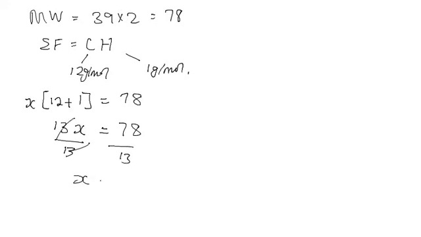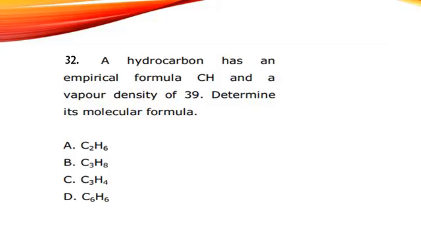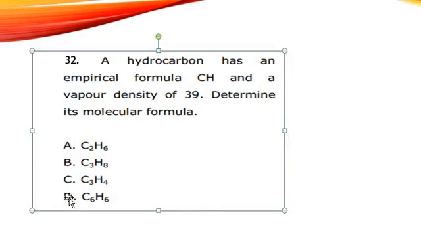So you have x is equal to, you divide 78 by 13, and that will give you 6. So you multiply 6 by C and H. This implies that your multiple is 6. So when you have 6 CH, of course it will give you C6H6. That's benzene, right? So your answer here is C6H6. That's D.